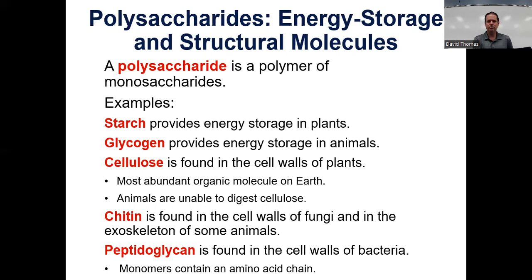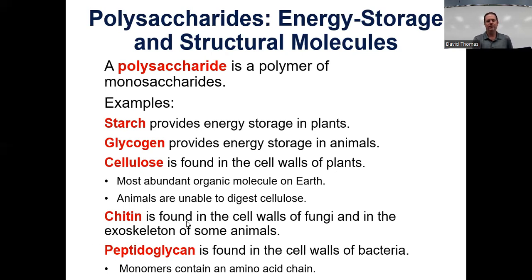Cellulose, this is more of a structural component, and it's found in plant cell walls. Now, we can't directly digest cellulose, but what we use it for is something called fiber, and that helps in our digestive processes.